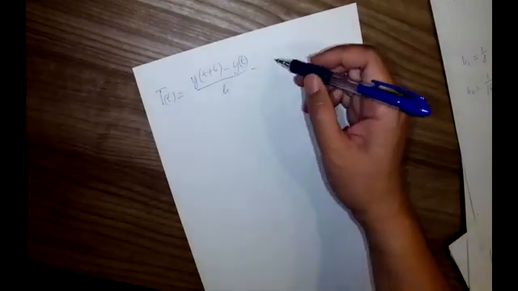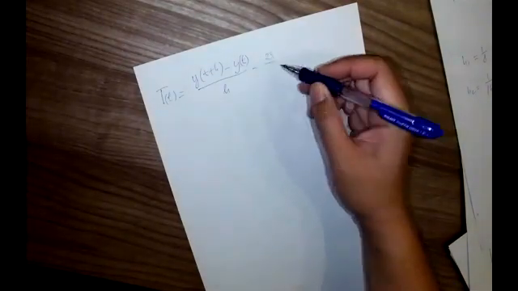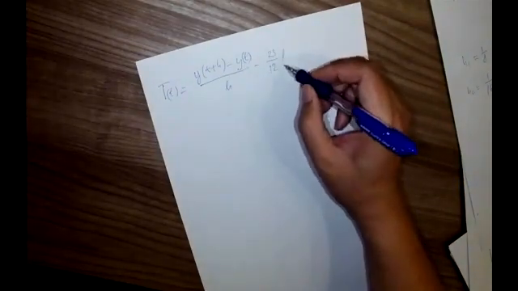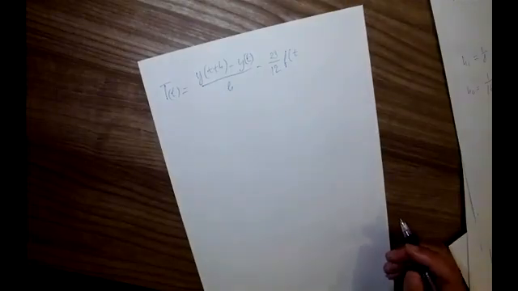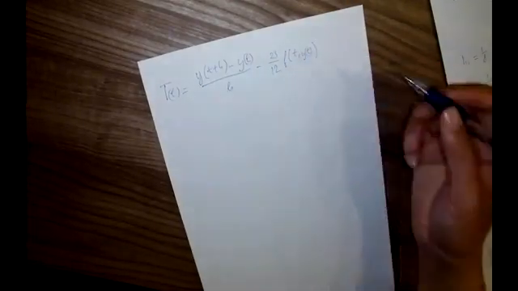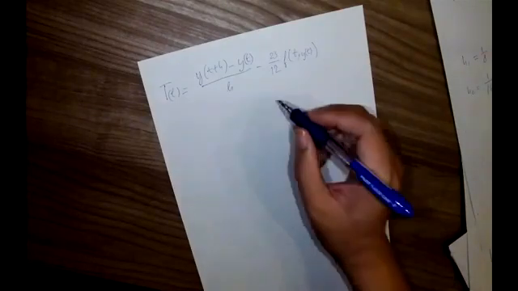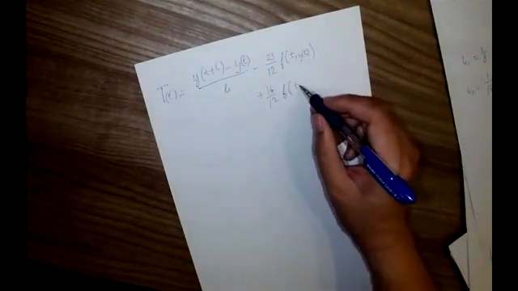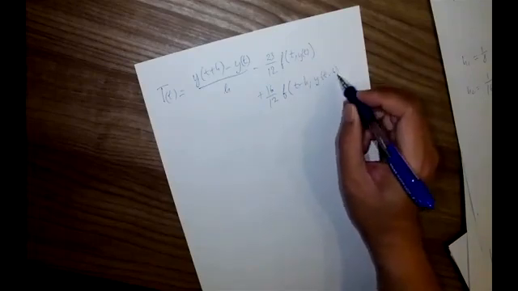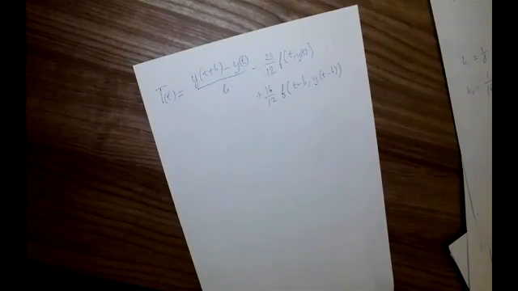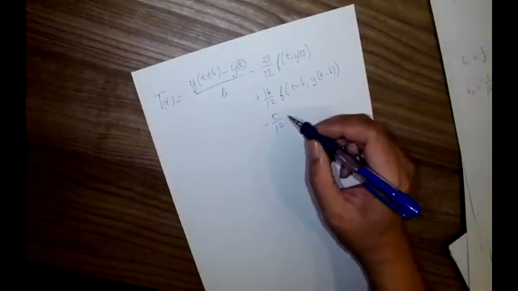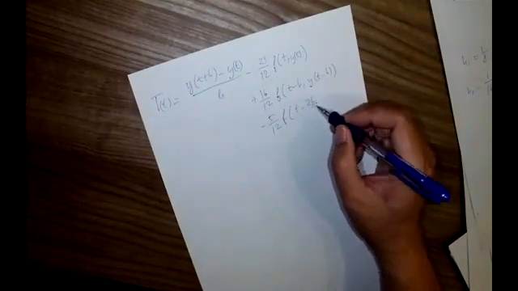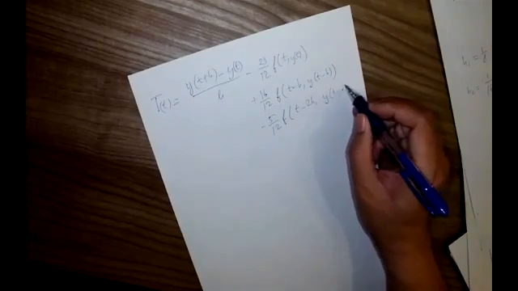So it will be minus, well, we divided by h already, so 23 over 12 f(t, y(t)), and then plus 16 over 12 f(t-h, y(t-h)), and then minus 5 over 12 f(t-2h, y(t-2h)).